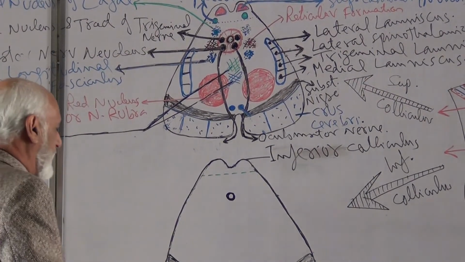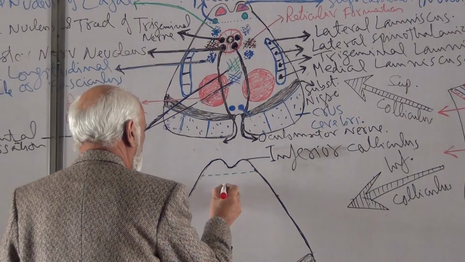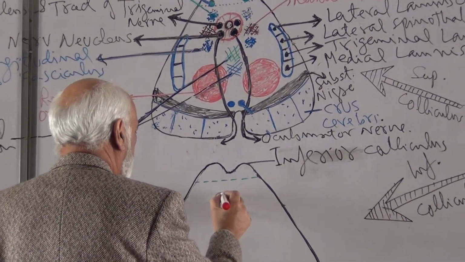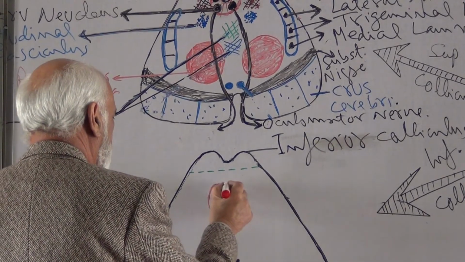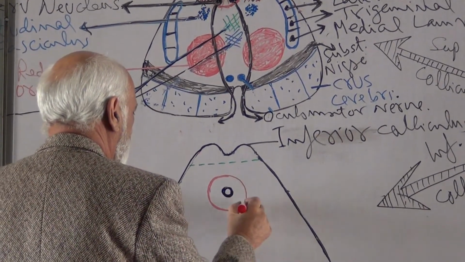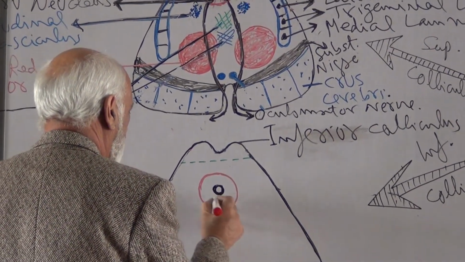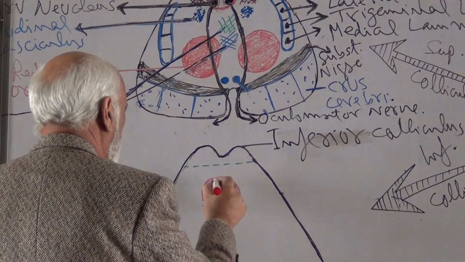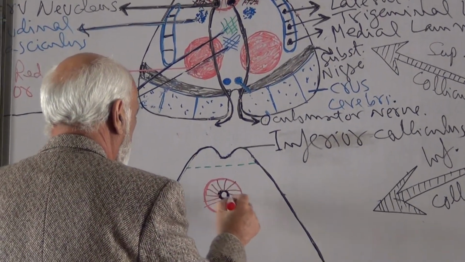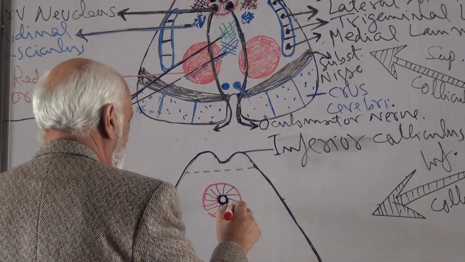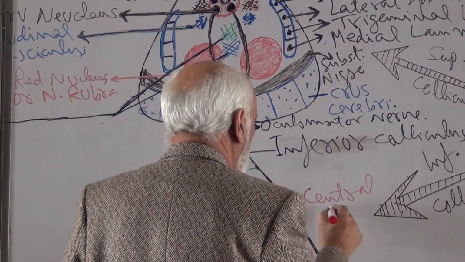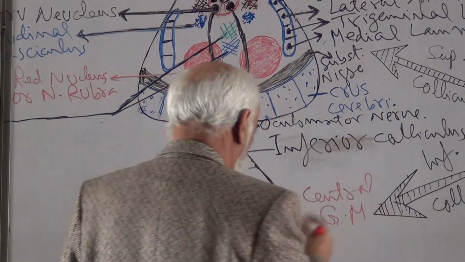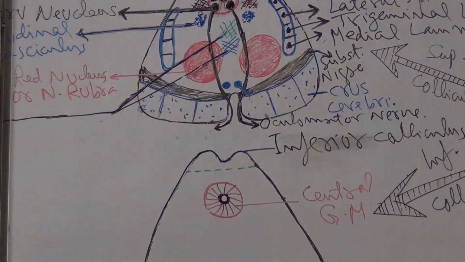The cerebral aqueduct is again ensheathed by a layer of gray matter known as the central gray matter, or periaqueductal gray matter.